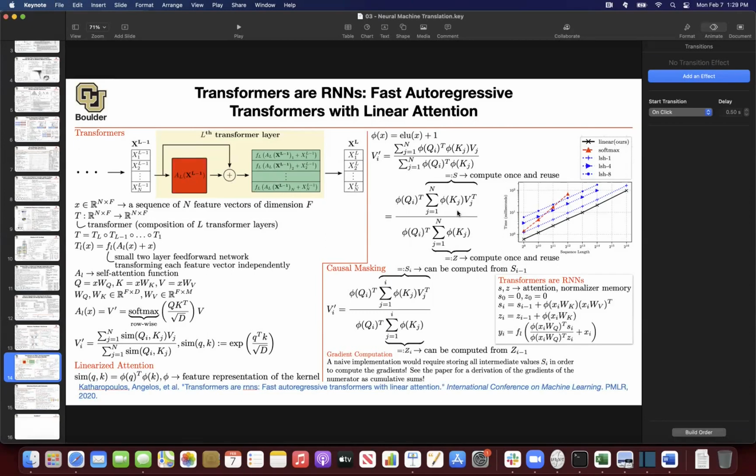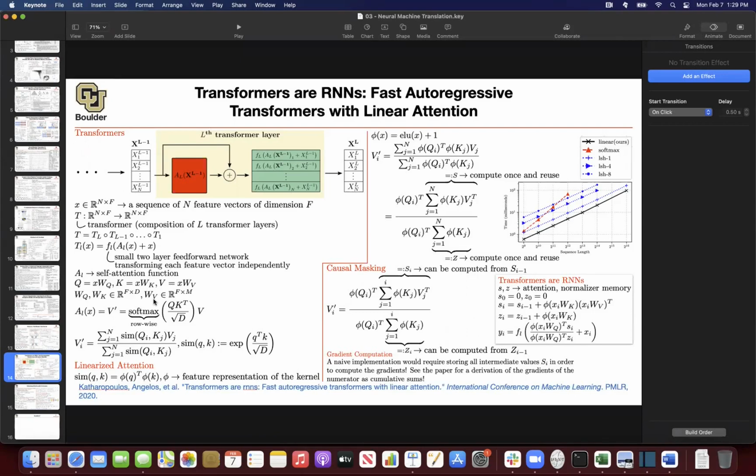That's for the encoder part of your transformer. For the decoder, that's going to give you the recurrent neural network that you're actually looking for. And it was all based on this idea: don't compute Q times K and then multiply by V. Multiply K by V first and then multiply by Q. And that's the way that you're reducing the cost to be linear.